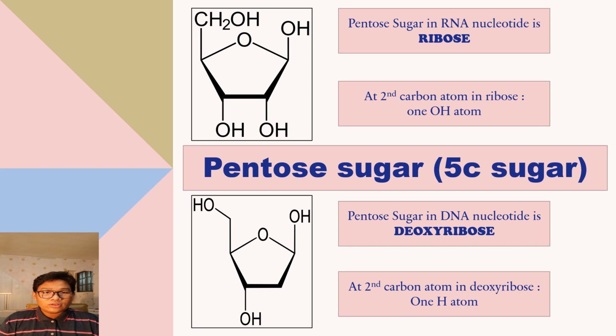Ribose is the pentose sugar for RNA, while deoxyribose is the sugar for DNA. How do we recognize it? By looking at the second carbon atom, where ribose has an OH group, while deoxyribose has only a hydrogen atom.